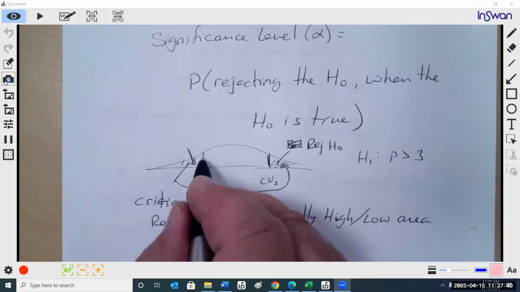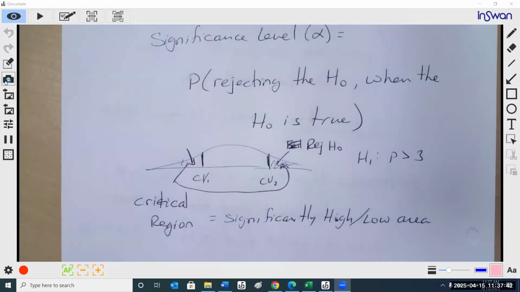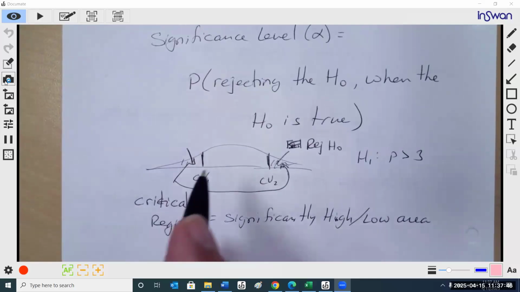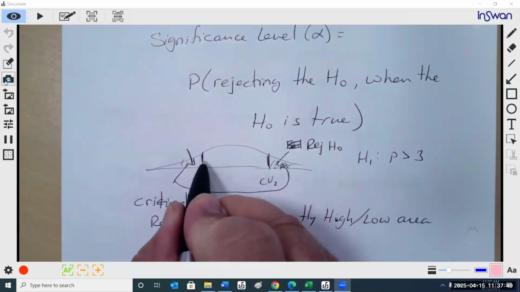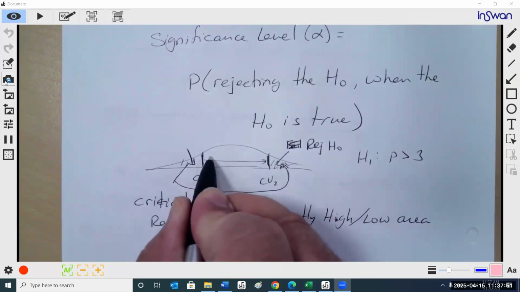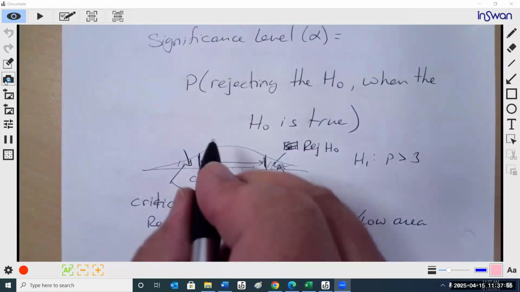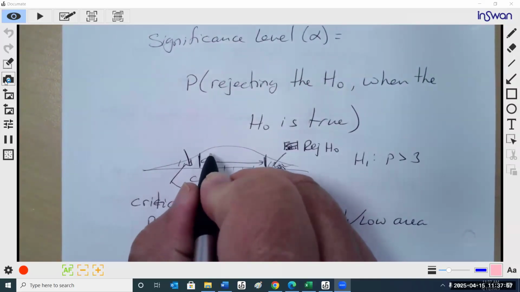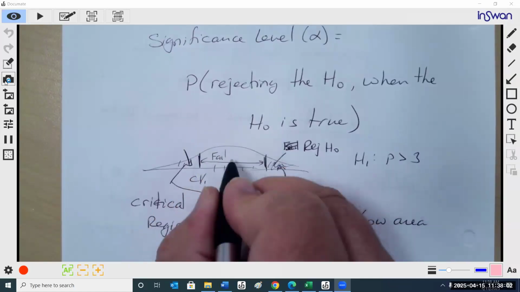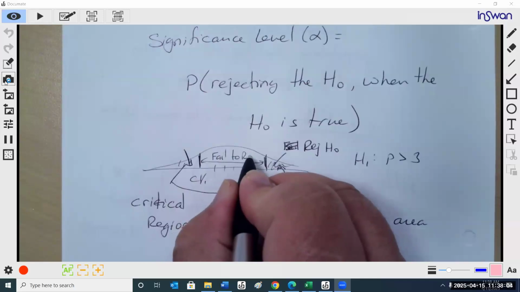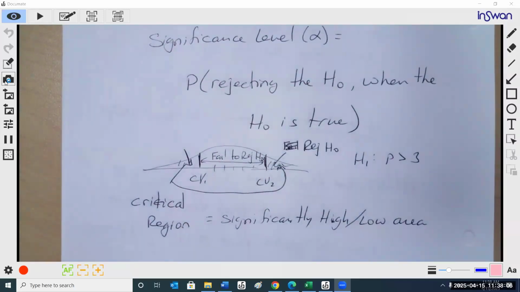They're determined by the critical values. They're called critical regions. That's critical value. If the value we get from our test is inside here, then it's not significant. So here we fail to reject the null hypothesis. So that's what I was looking at here.